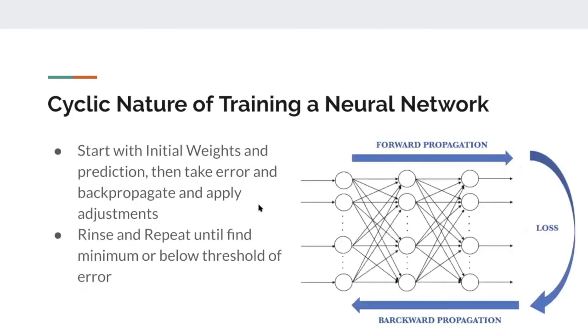Okay, so this is what we mean by the cyclic nature of training a neural network, right? You have the inputs, you do forward propagation: you take the inputs, you feed them to all the nodes, and the nodes feed it to the next layer of nodes, and the next layer. Then you get the predicted output for that network.